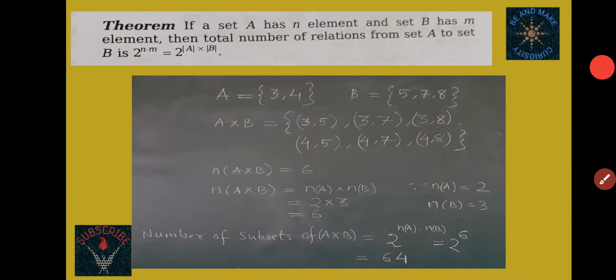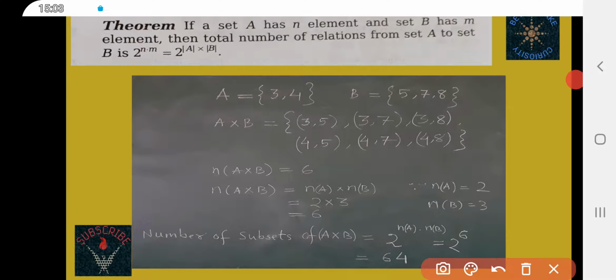Next, see the theorem. If a set A has n elements and set B has m elements, then the total number of relations from set A to set B is 2 to the power nm.